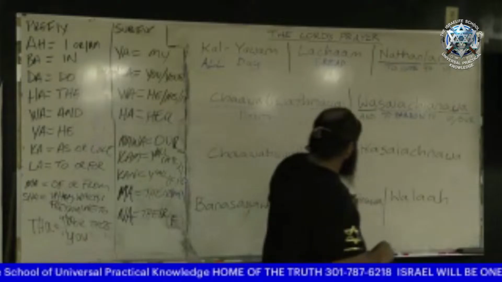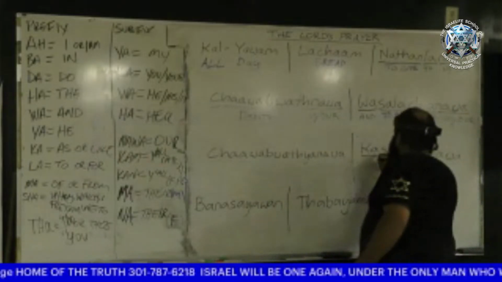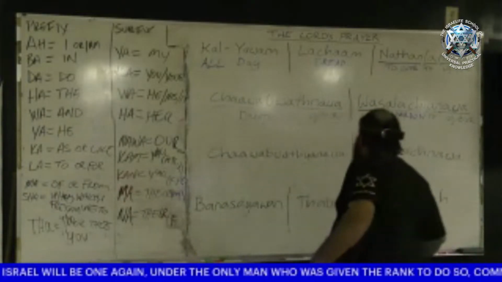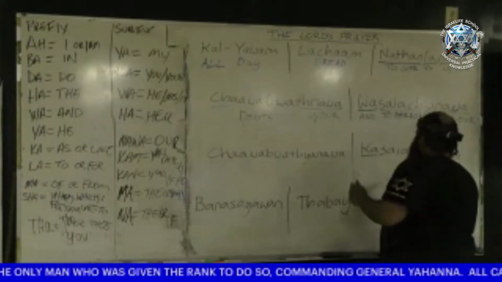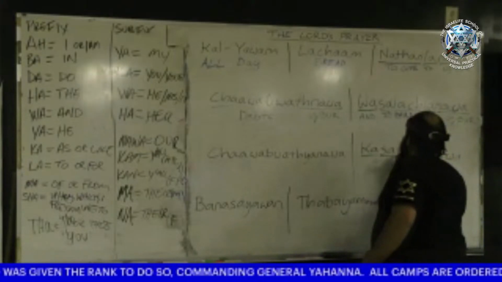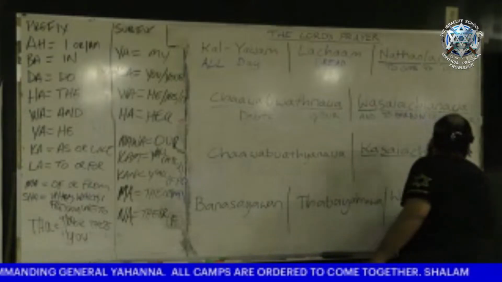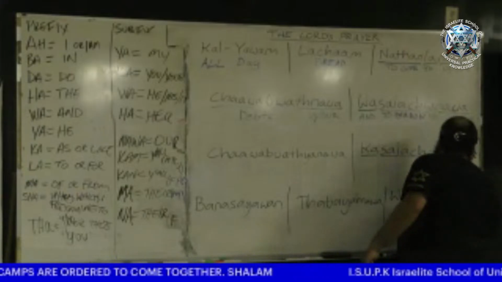And then ka salaknawa, we have the prefix ka, which is up here, we know it's as or like. And then salak, to pardon again. And nawa, us or our.